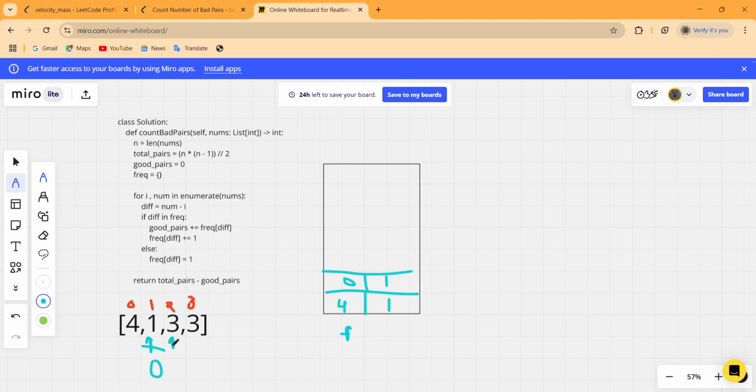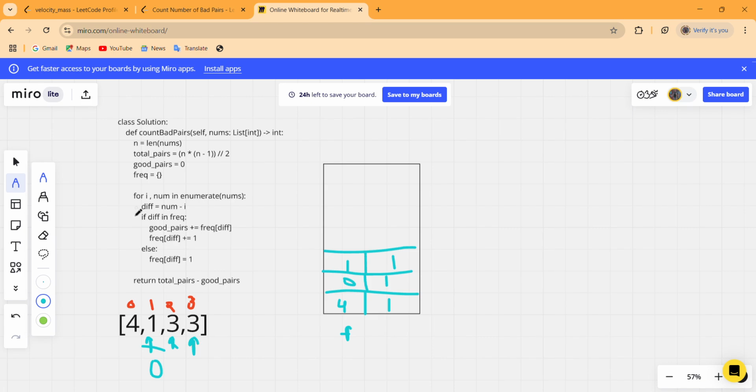Again i now points to the next index, and this checks 3 minus 2, that is 1, and checks if 1 is present in frequency or not. No, 1 is not present, so let us put 1 with frequency 1. Now i goes here, and this checks 3 minus 3, that is 0.